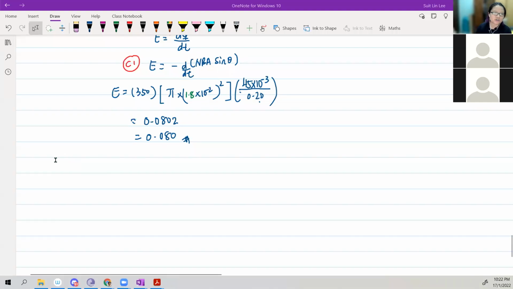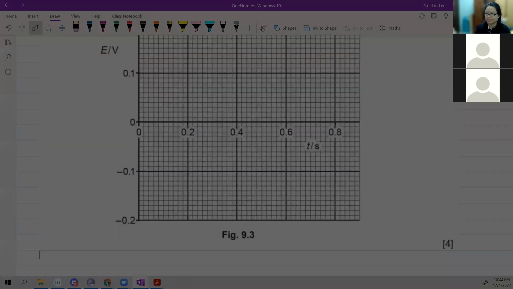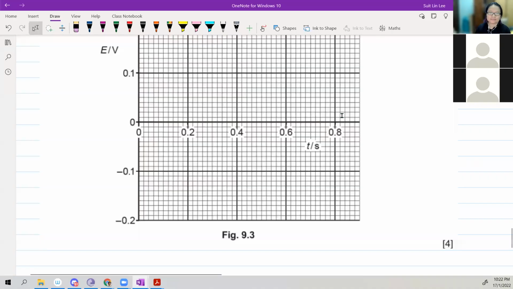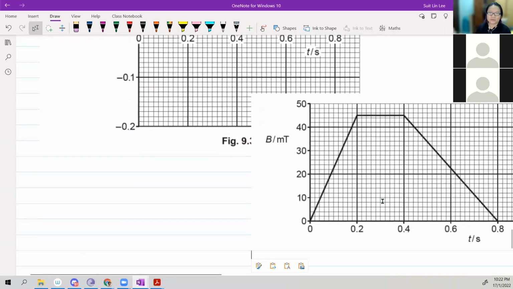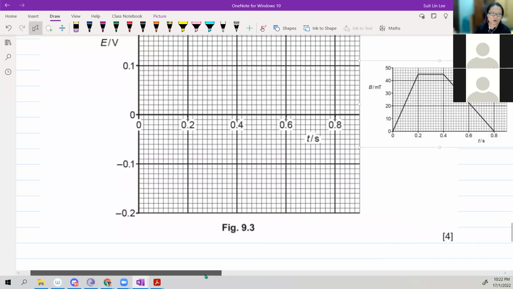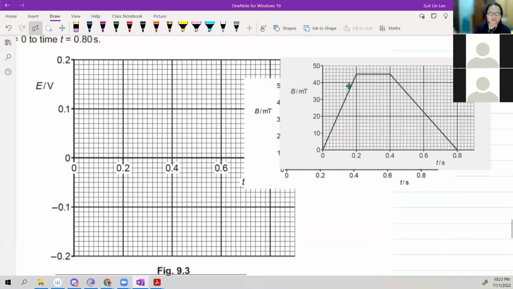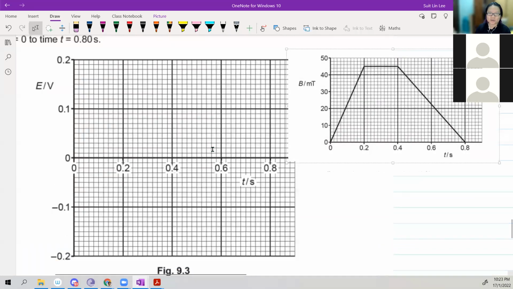You see, they're very generous with graph one. It is 4 marks. It is so nice. Okay. I put the shape here last, small, you can compare. How would you draw this on here?